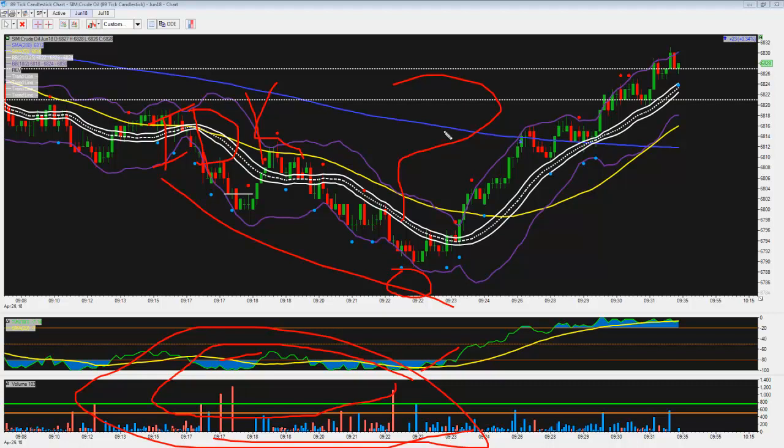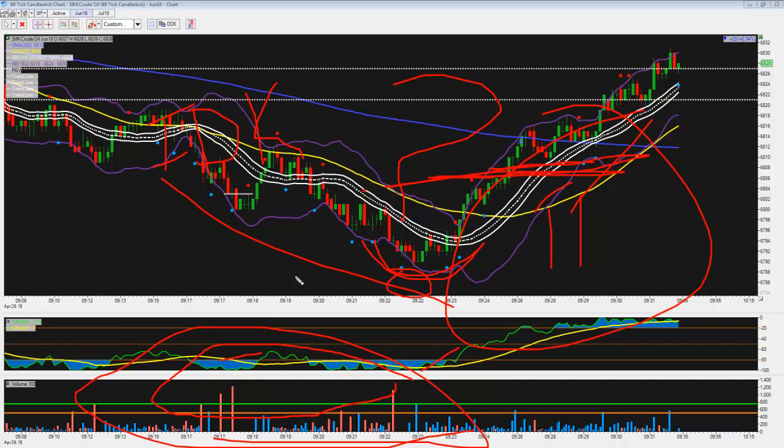Nothing. As a technical trader, there was nothing at this point right here outside of us crossing back over the 200 bar on the 15-minute chart located at 6809. So right around here was where you see something.